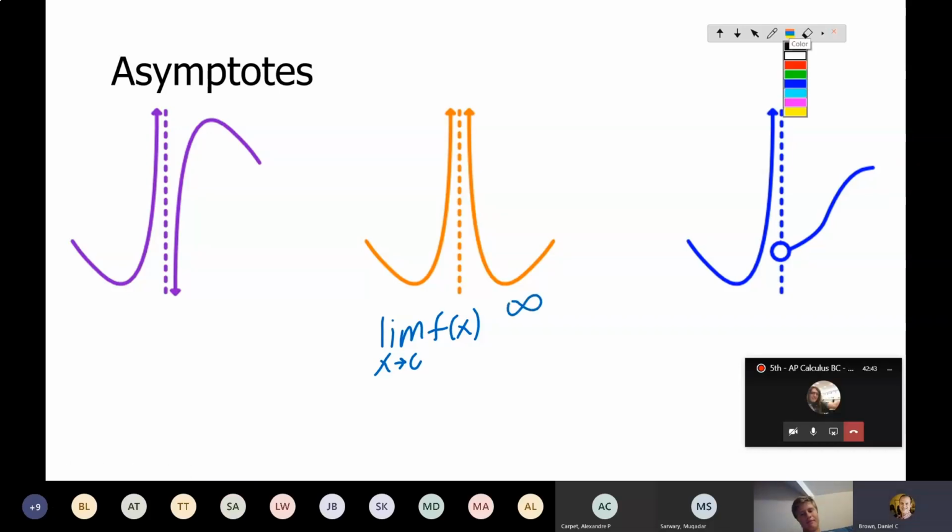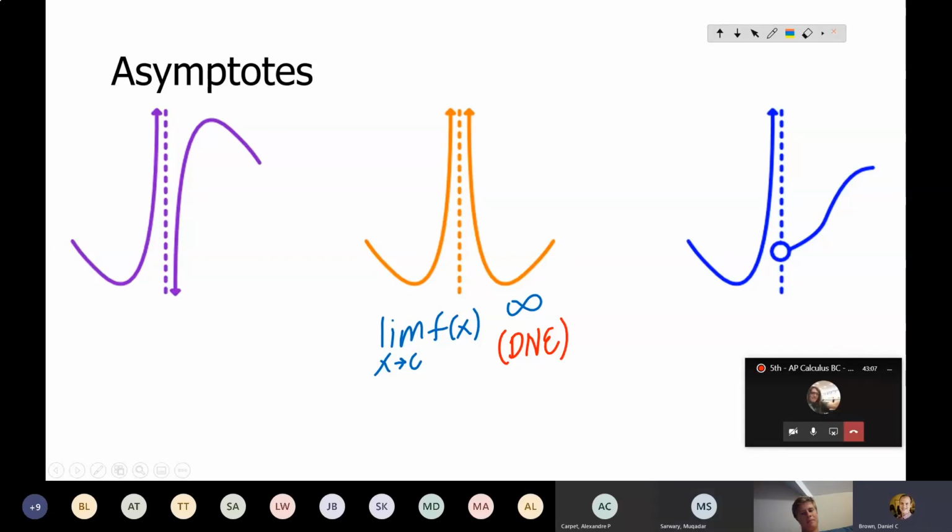But infinity, remember, is just another case of DNE. You could argue that the limit is infinity, but officially the limit is going to not exist because it is increasing without bound at that vertical asymptote. Would any of those graphs have a one-sided limit that exists? The right one.